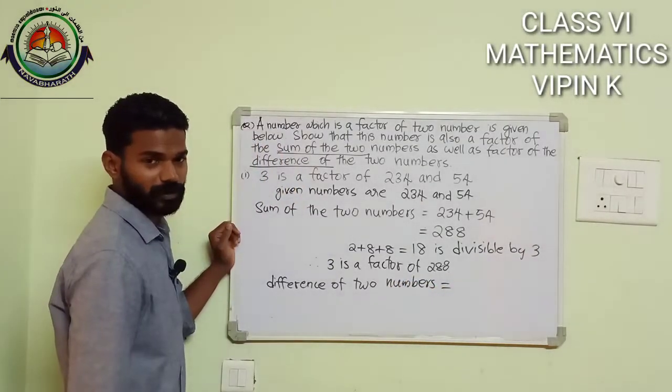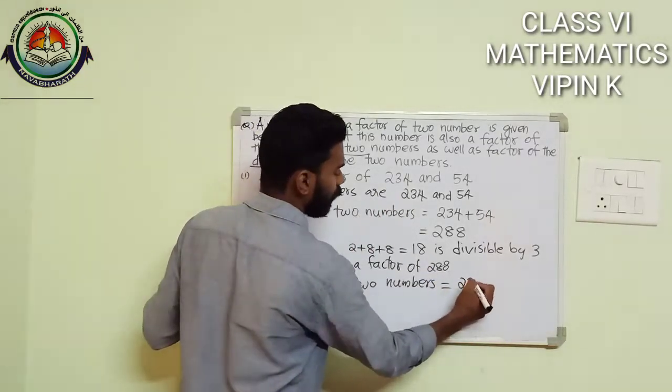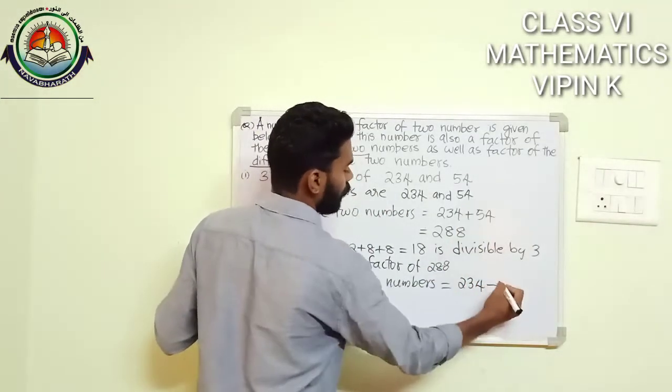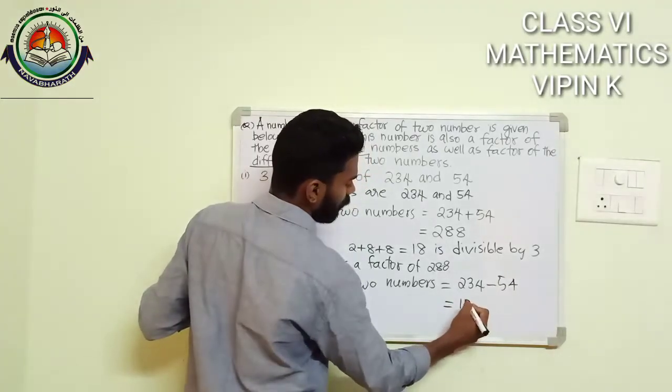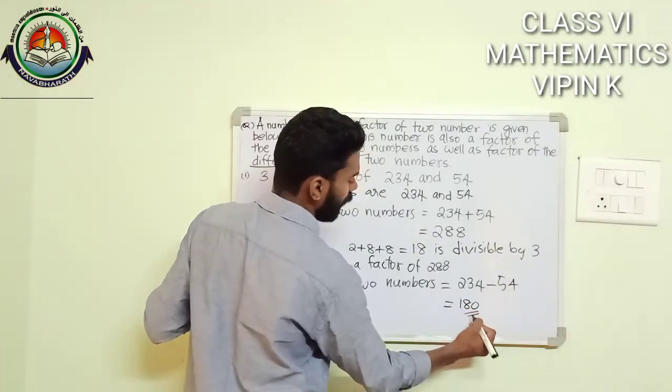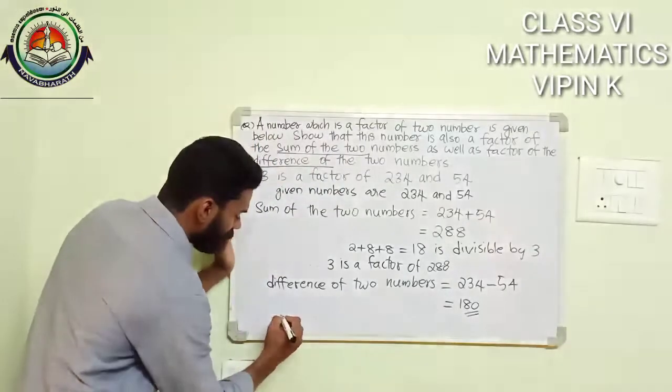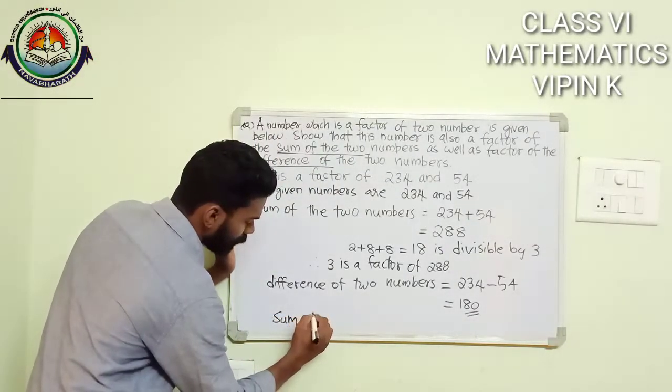Greater minus smaller, you can do 234 minus 54. What would be the answer? 180 would be the answer. And you know the sum of the digits.